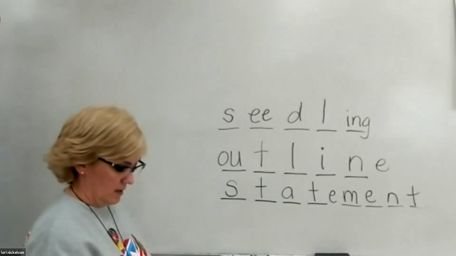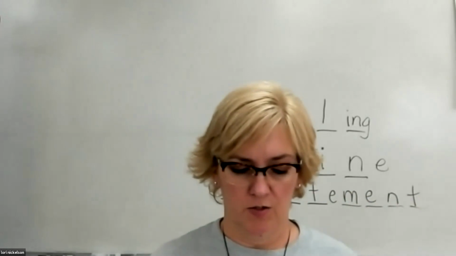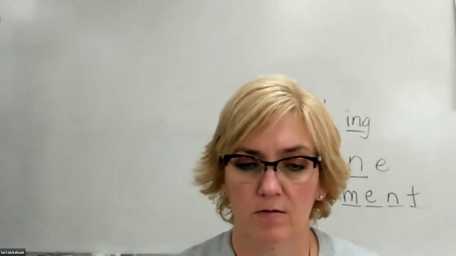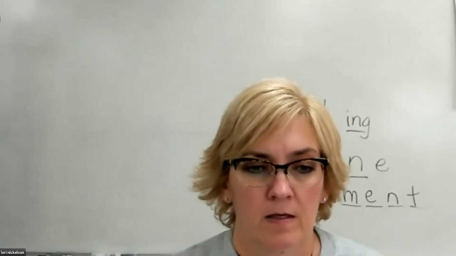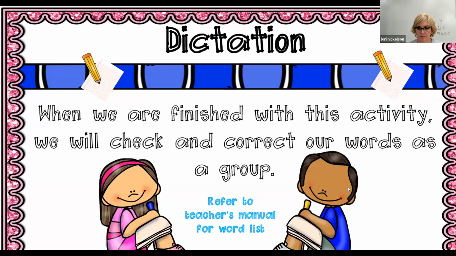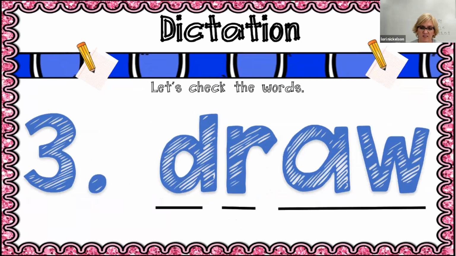Yeah. All right. So let's move back onto our slides. Great job, guys, for working those out. Okay. So we're going to share. There's tool, there's fuse because that U is long.